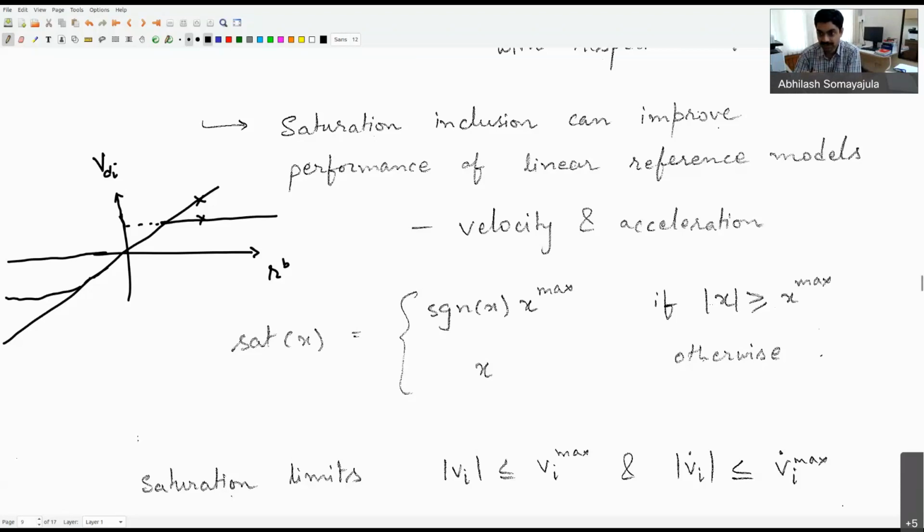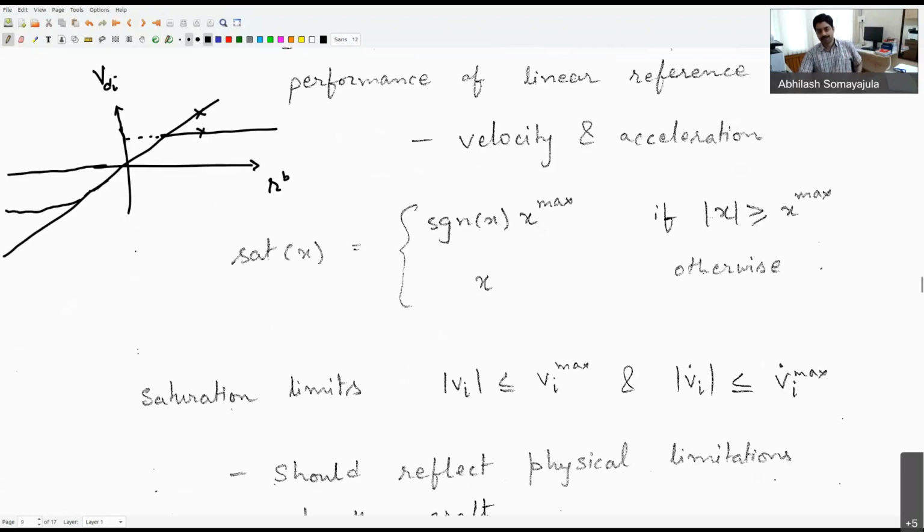You got my point now? Yes, sir. Okay, this is not a plot with time, and I think that is what was the confusion with step inputs. Yes, sir. So it's a plot of the reference signal versus the desired value which we are getting. Okay, all right.